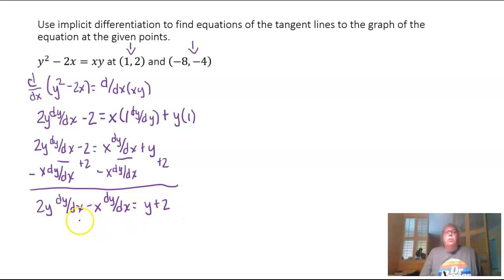Again we're solving for dy/dx, so let's factor it out. We factor out a dy/dx, and we're left with 2y minus x on the left, and nothing happens to the y plus 2 on the right. Since we're solving for dy/dx, we divide by the parentheses, the 2y minus x.